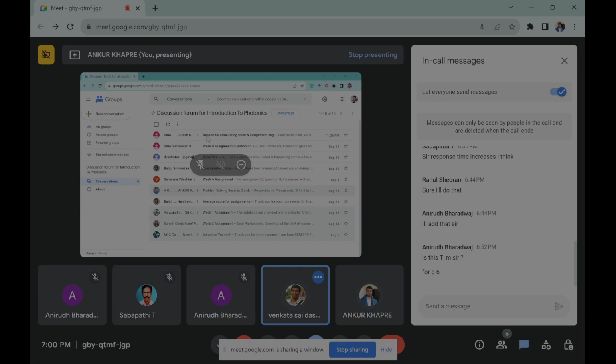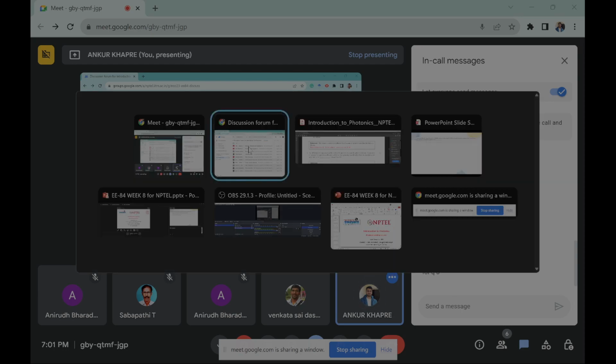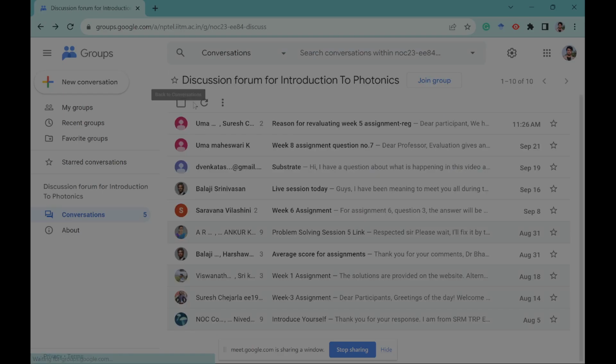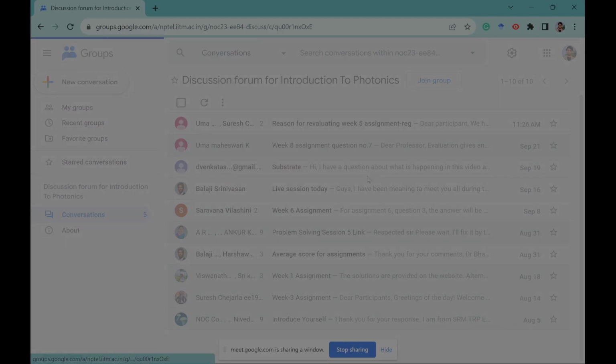It is not like that. Suppose Oma Maheshwari has asked one question, week 8 assignment question number 7, and I already replied to her. Maybe it is not here. Let's see this September 19th one, Venkata Sai's.